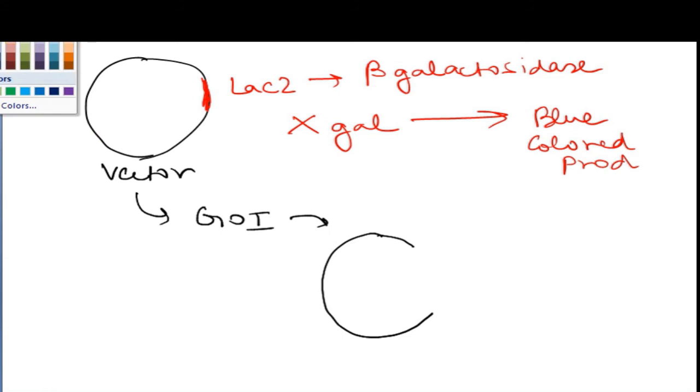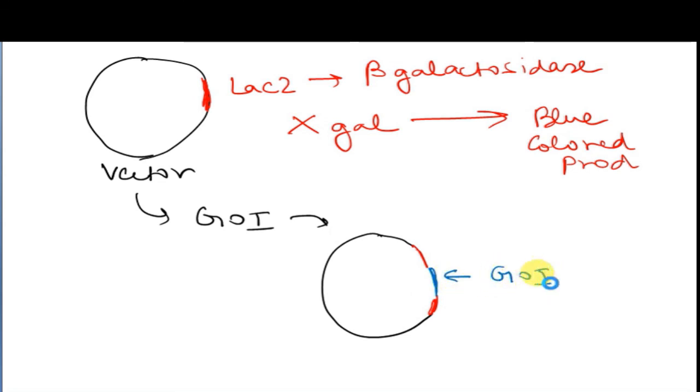Let me make you understand with a diagram. This is your gene of interest. This blue color fragment is showing your gene of interest. The red color is showing the LAC-Z gene.